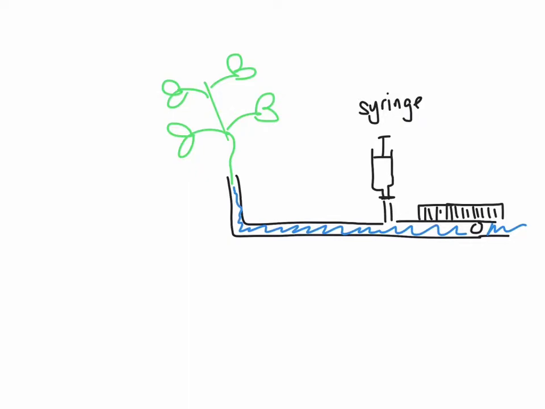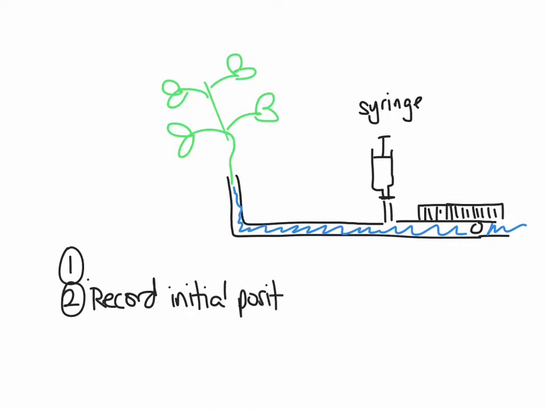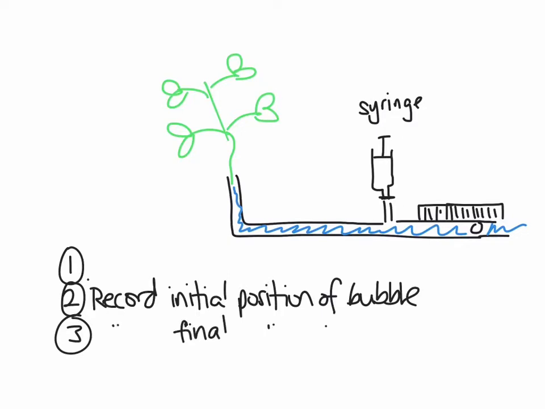Okay, so that's number 1, set up the apparatus. Number 2, you would record the initial position of the bubble. And then I would leave it for, say, 5 minutes. And then I would record the final position of the bubble.